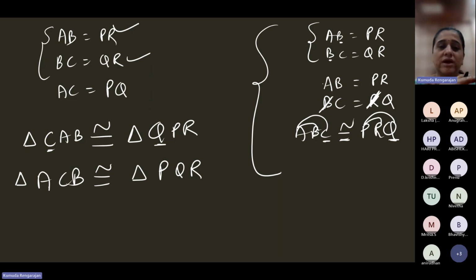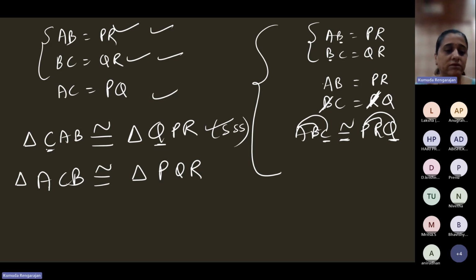Three sides of one triangle will be equal to three sides of the other triangle. So list out the equalities. You must say in triangle ABC and triangle PQR, AB is equal to PR, BC is equal to QR, AC is equal to PQ. Then you must write this. Therefore, the two triangles are congruent by the SSS congruence criterion.